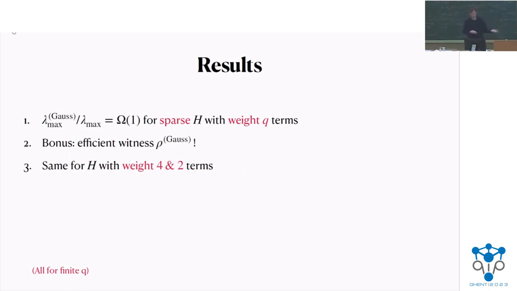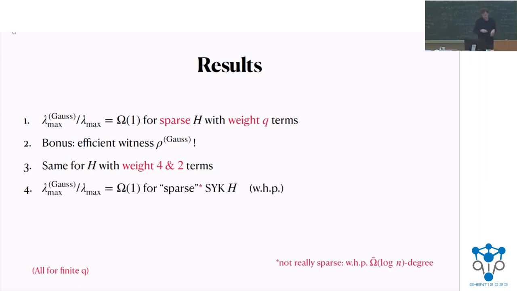That's actually how we give the proof. And we also prove the same statement for Hamiltonians with weight 4 and 2, not just all weight 4, but also weight 2 can be included, because statement number 1 is if you have all weight q. So statement number 3 would be physically relevant, obviously, because normally you have both.